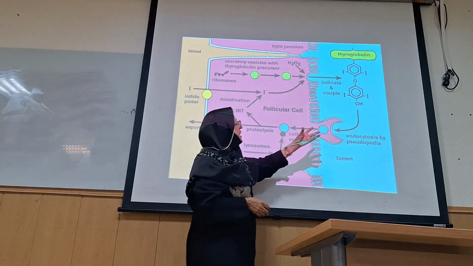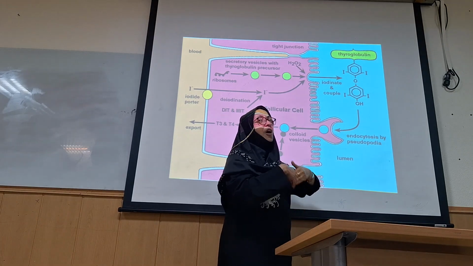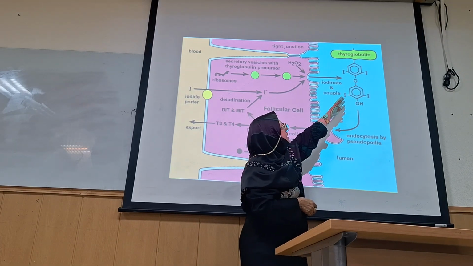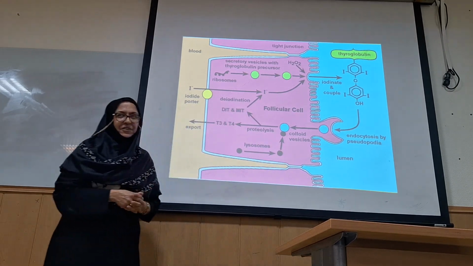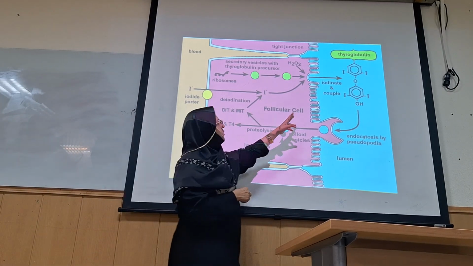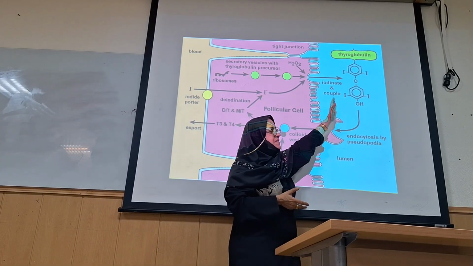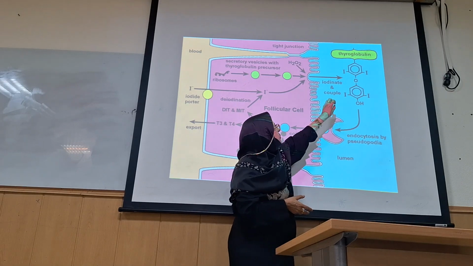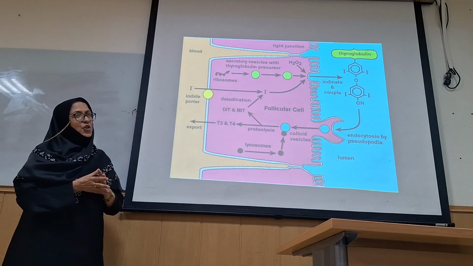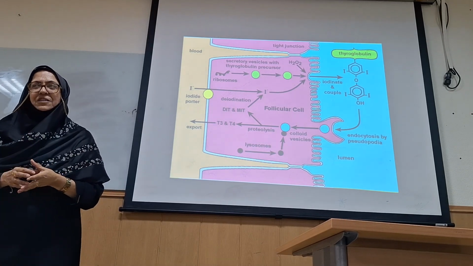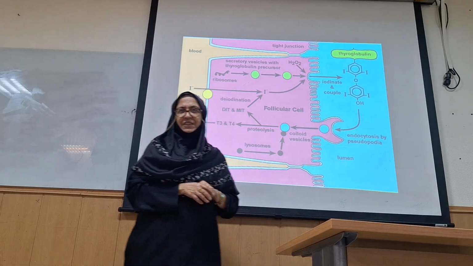Therefore, if you look at the cell membrane, a lot of thyroglobulin in the lumen combines with neutralized iodine. I told you, thyroglobulin is a big molecule secreted into the lumen by the exocytosis pathway and combines with iodine. When thyroglobulin combines with iodine, it converts to DIT and MIT.